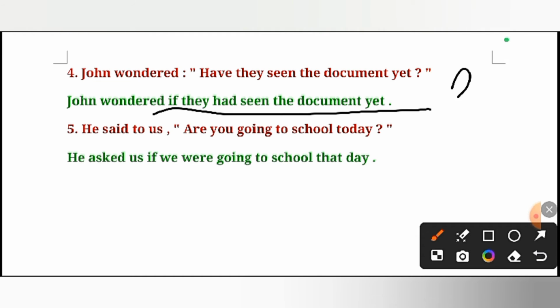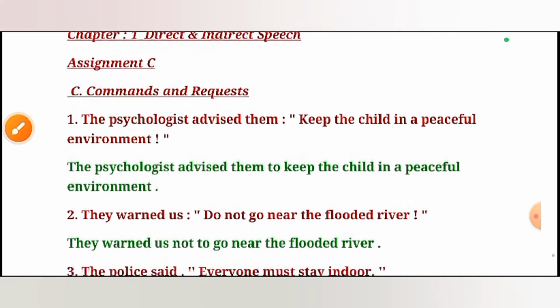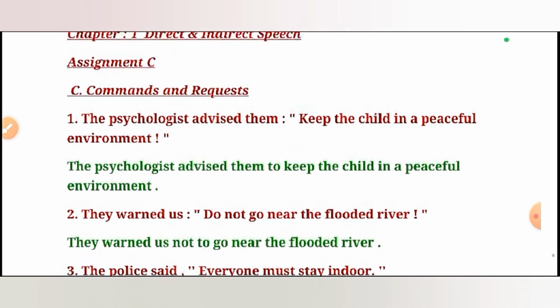The question mark changes into a full stop, and as it starts with the auxiliary verb has, if is used. In the same way here also are is used, that is why if is used. He said to us, are you going to school today? He asked us if we were going to school that day. Timing also is changing.